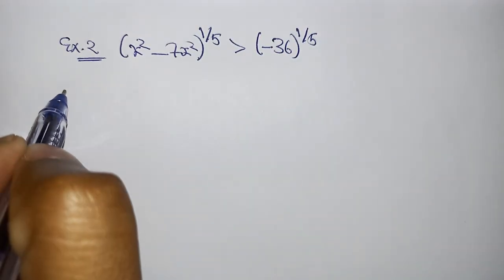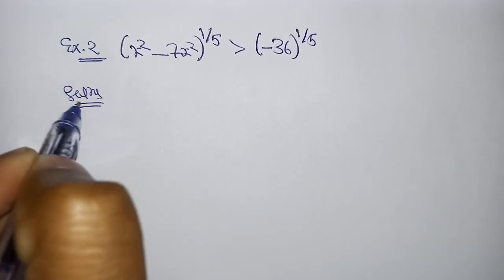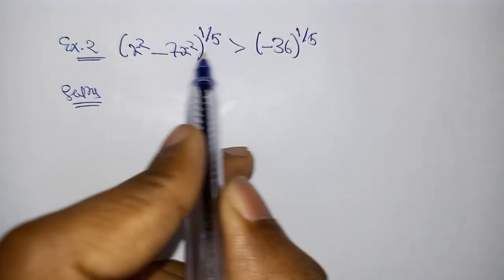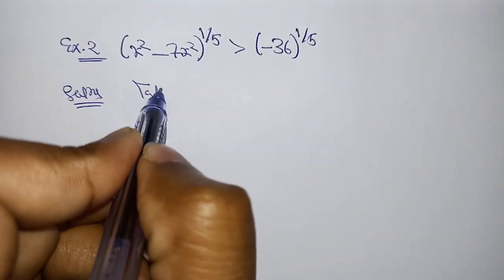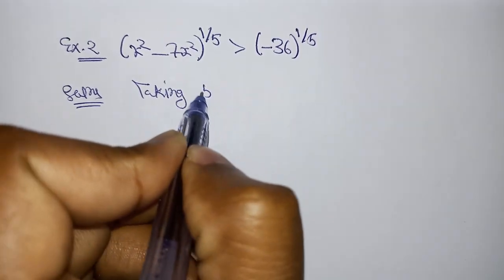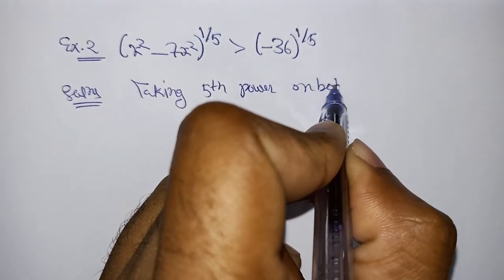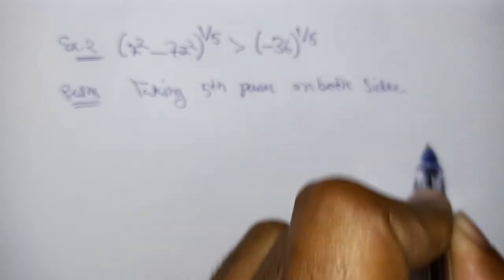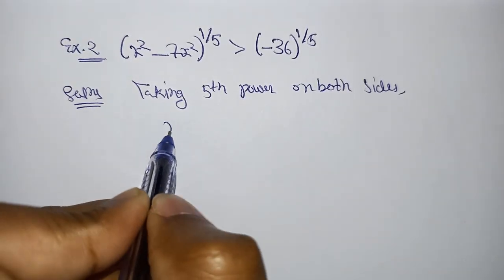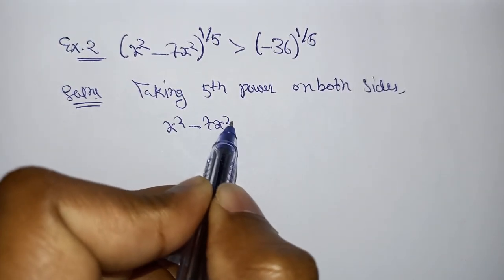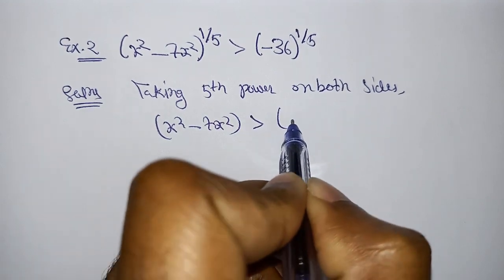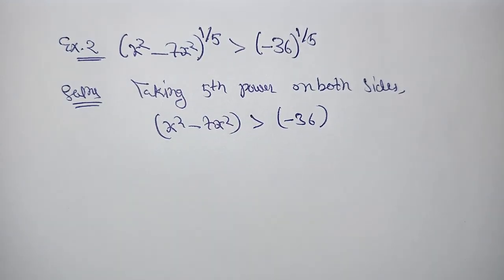First of all, what we can do, solution, we can raise to the power 5 on both sides. So taking fifth power on both sides, we will get x square minus 7x square will be greater than minus 36, correct?